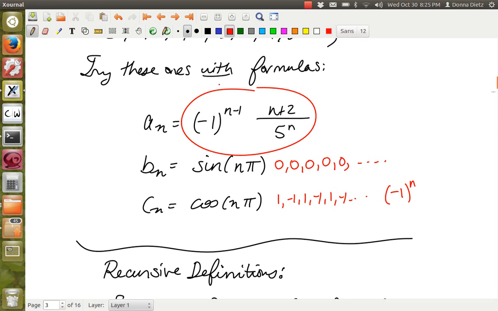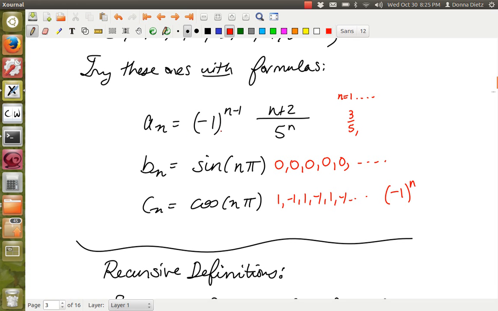And let's see, this formula really depends on whether you start at n as 0 or at n as 1. So for n equal to 1 and forward, this would mean starting with a positive sign on n equals 1. So it would be 3/5.